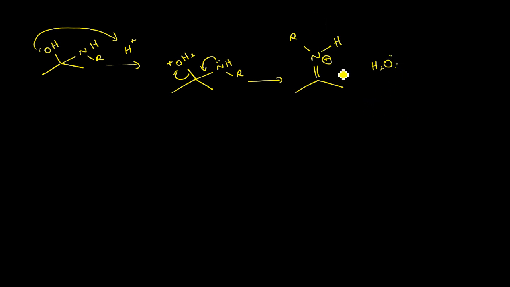Now as the last step, one of the lone pairs on the oxygen will again attack this hydrogen, and nitrogen will regain its neutral form by taking the electrons from the hydrogen bond. The result is this one.